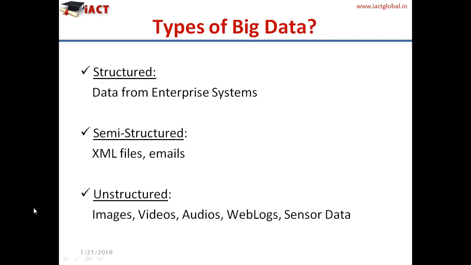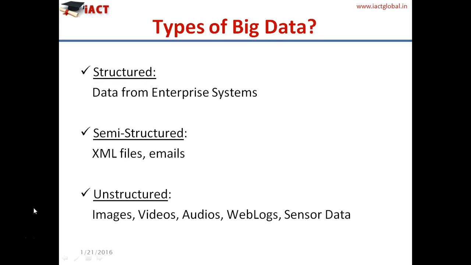Now we'll talk about the types of big data. Big data actually includes any type of data which is huge and which cannot be managed by traditional systems. So we do have structured data, we have semi-structured data, and we have unstructured data.